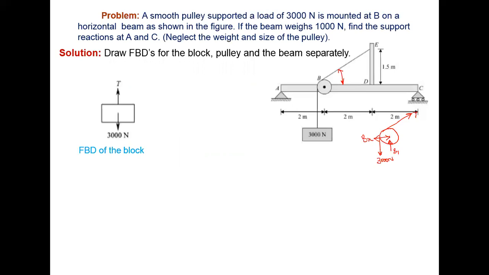Now in today's class, we are going to take an example where the system is consisting of some weights and two kinds of supports. One is hinge support or pin support, and another one is a roller support.